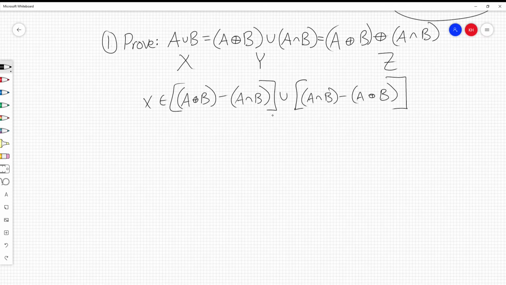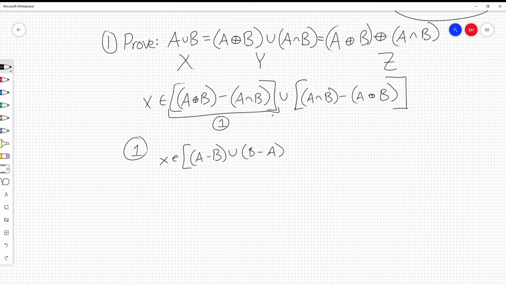Let's do the left side first. So we're going to focus on number 1 here. So for number 1, we have x is an element of A minus B unioned with B minus A, and x is not an element of A, and x is not an element of B. Right?